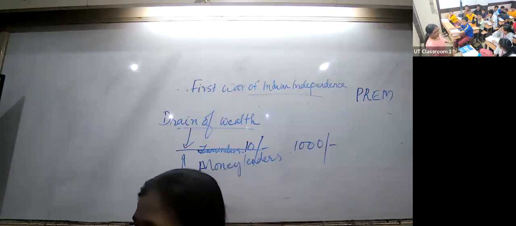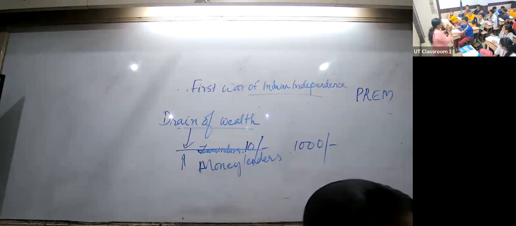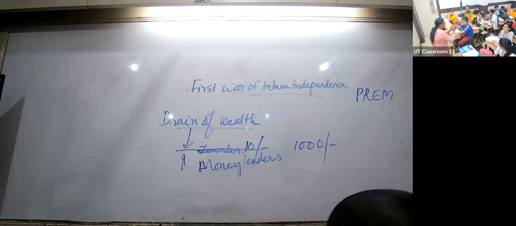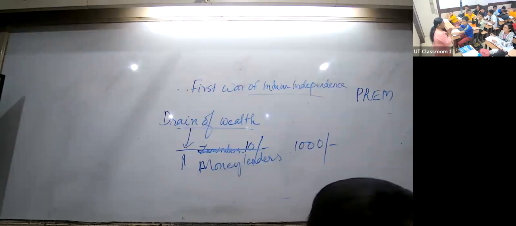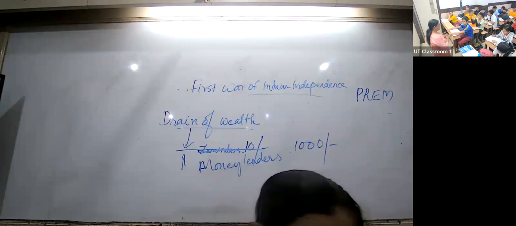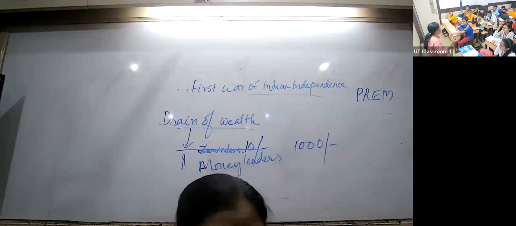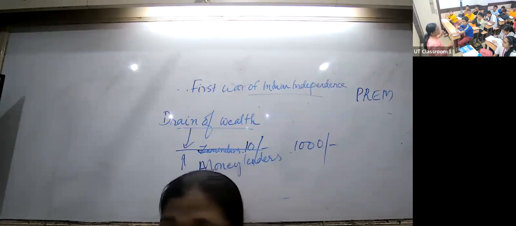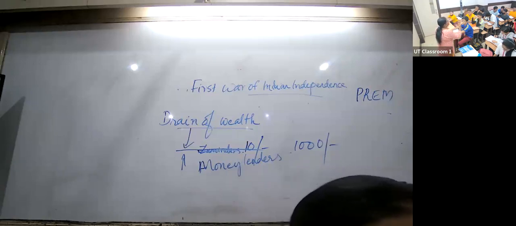We know that the cows are worshipped by the Hindus, and the pigs are a taboo for Muslims. Now, how can they do? Rumors spread like this, and they started protesting. That was the spark of that.